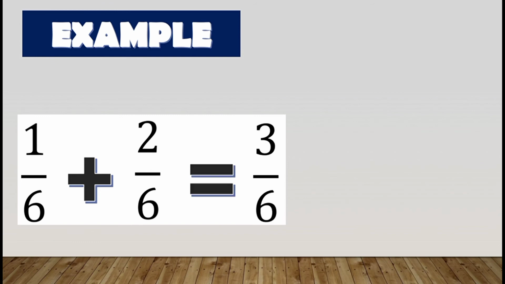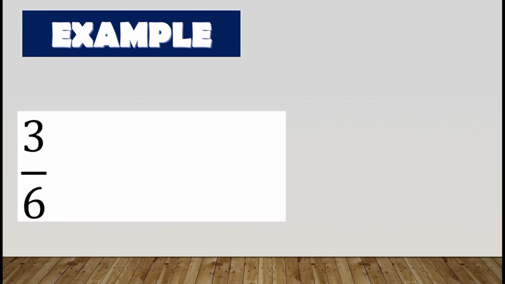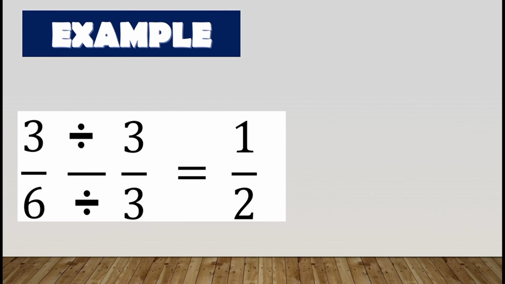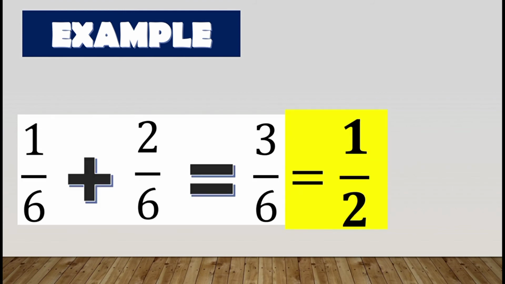But in this case, this is not yet written in lowest term. So we need to look for their greatest common factor. So we need to divide 3/6 by 3. That is equal to 1/2. Therefore, 3/6 can be written as 1/2. So 1/2 is our final answer for this example.